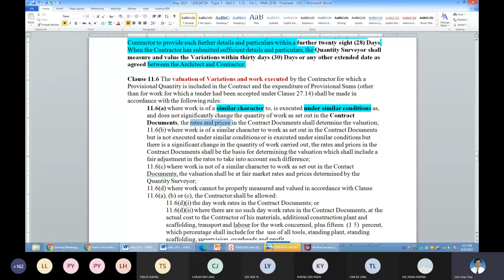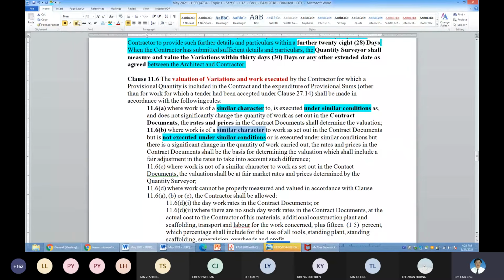And 11.6b, okay, the work is of similar character and not executed under similar condition. I have to explain further for you. Please differentiate between the terms character and condition.